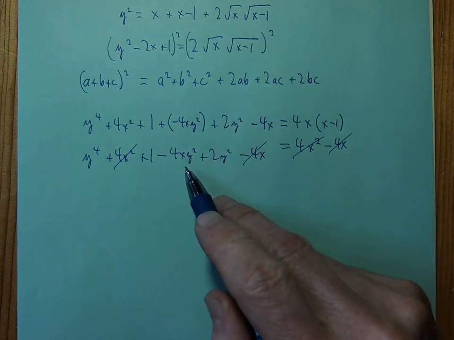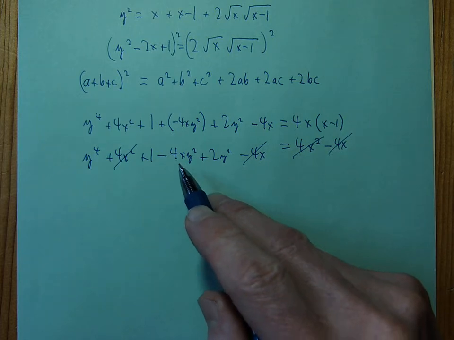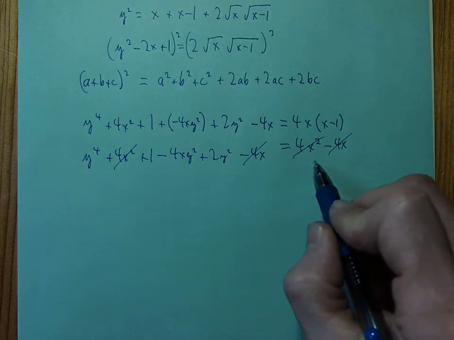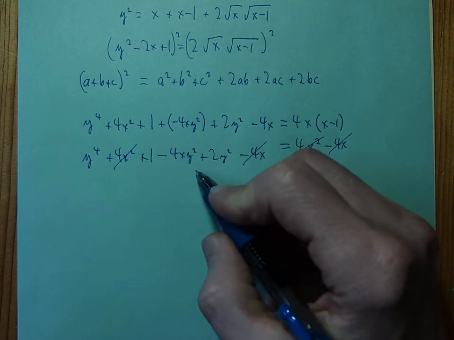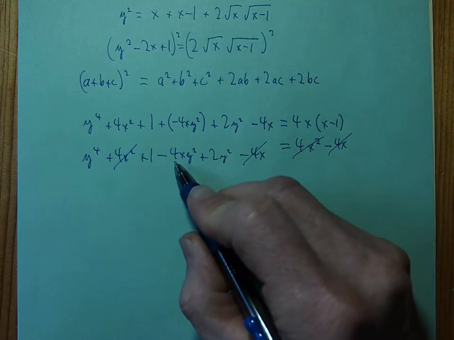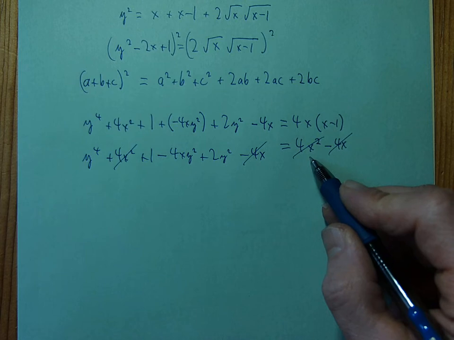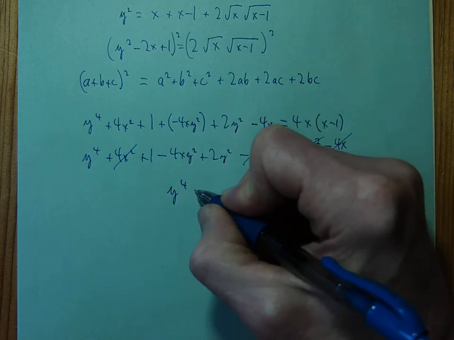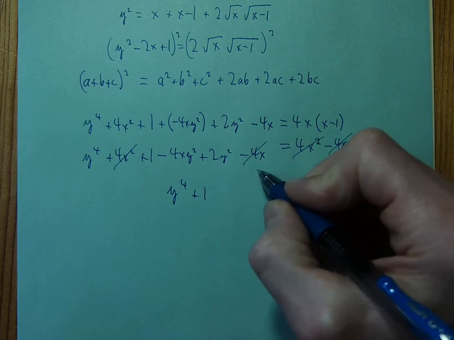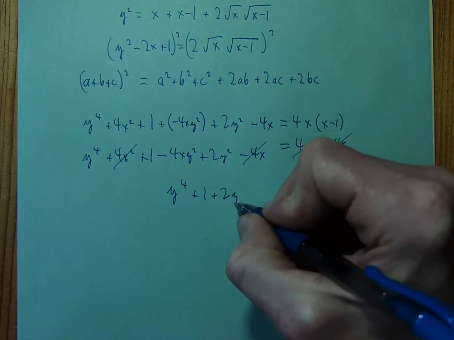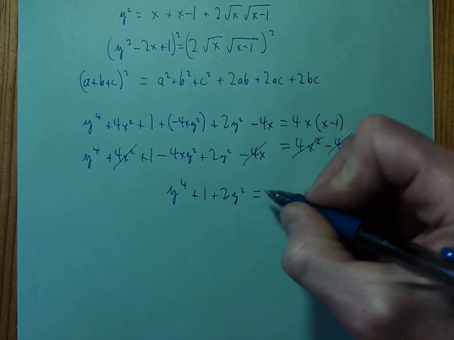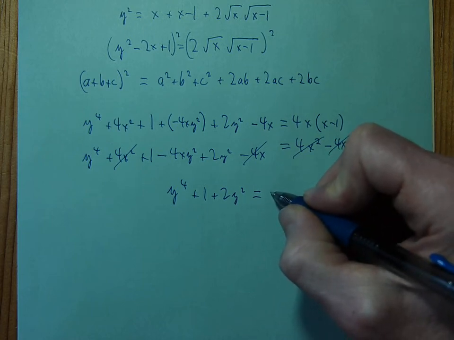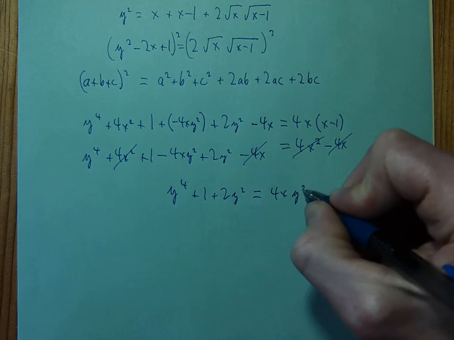So let's write all this stuff equaling 0. So actually let's put the 4x on this side because it's negative. So on this side all we have left is y to the 4th plus 1 plus 2y squared, and we set that equal to 4xy squared.